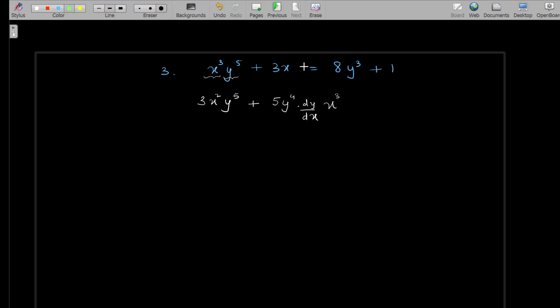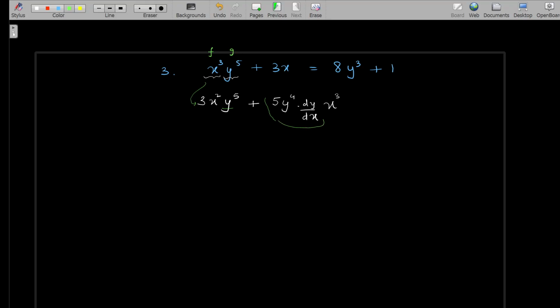Wait, but it's product rule, so now I am confused. See, this is product rule, and what is product rule? This is f, this is g. So first you differentiate f. When you differentiate f, you get 3x square, and you keep the g as it is, and you do plus, then you differentiate g.